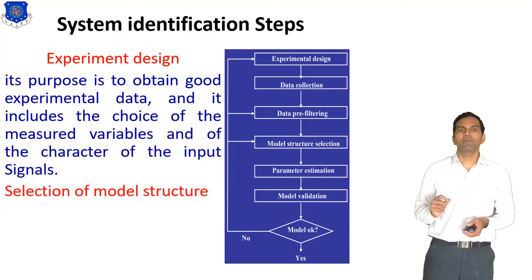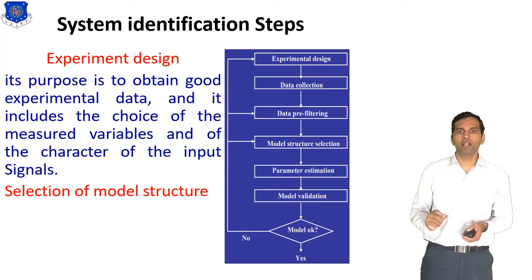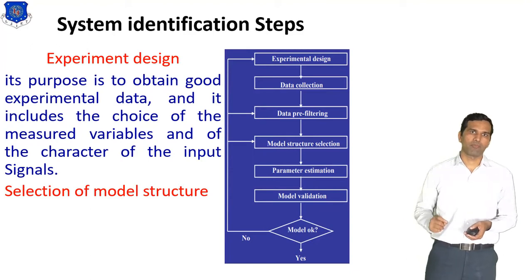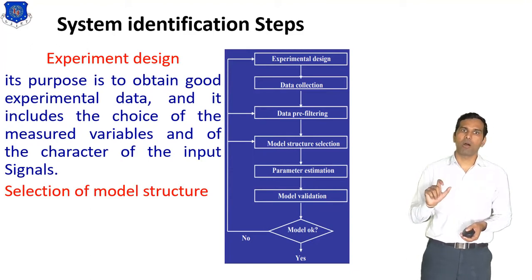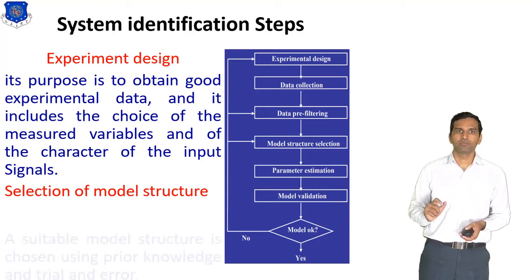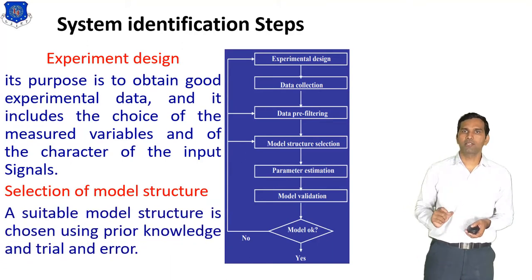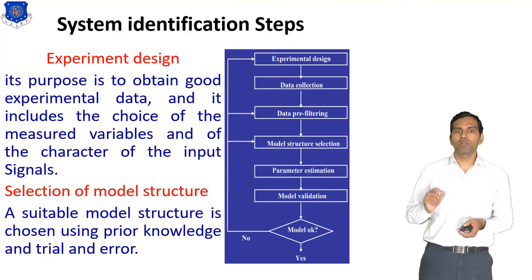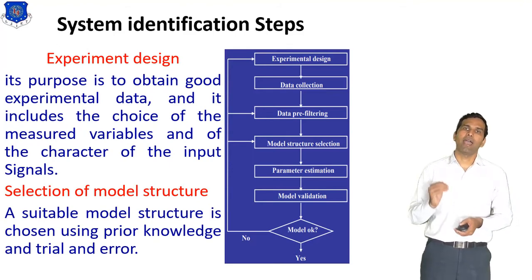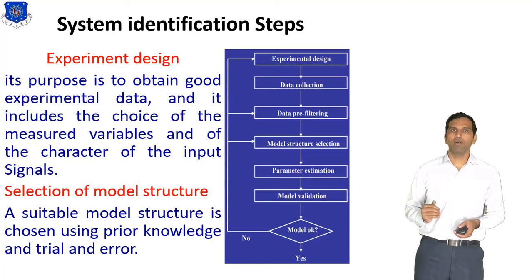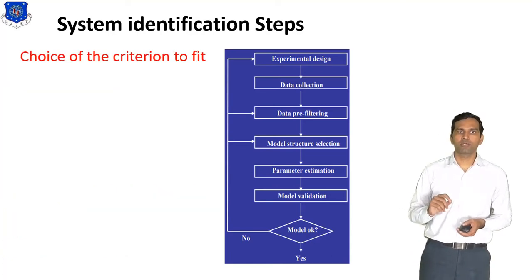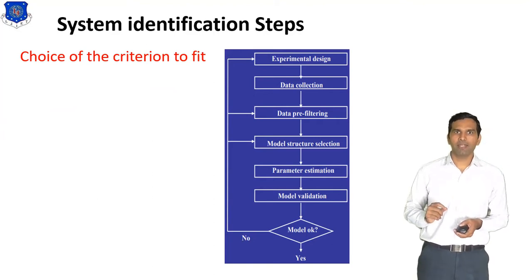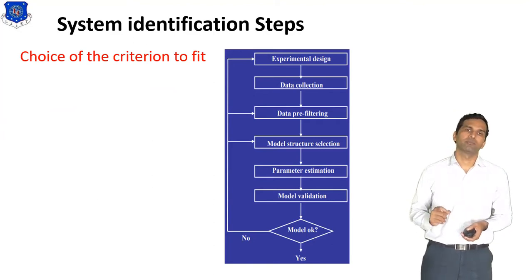Now the second step is selection of model structure. This is the most important step. A suitable model structure is chosen using prior knowledge and on a trial and error basis. Now the third step is the choice of criterion to fit.